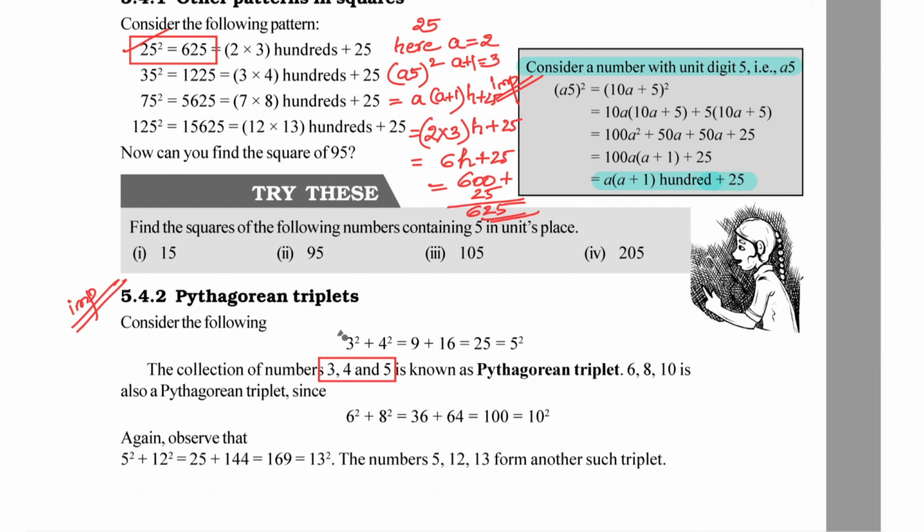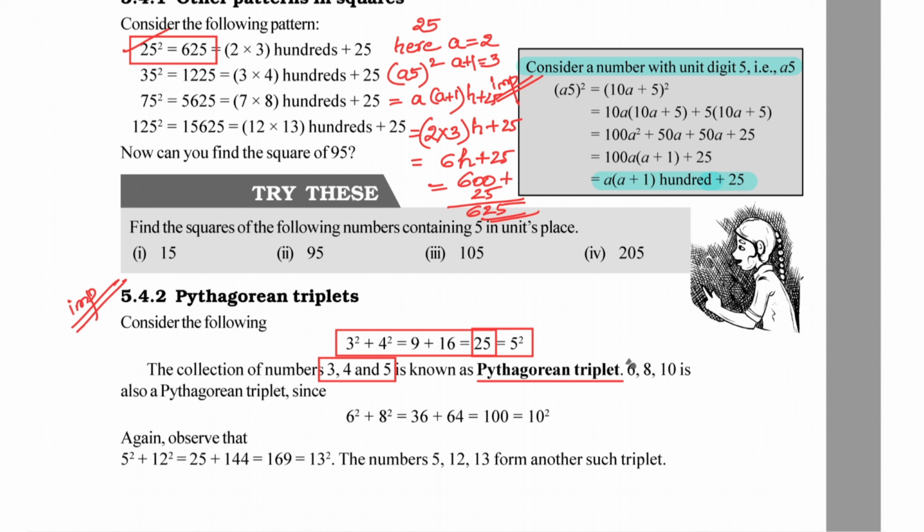Now the sum of squares of the 2 smaller numbers will give you a value which is also the same as the square of the biggest number in the collection. Okay, such 3 numbers we call Pythagorean triplets.